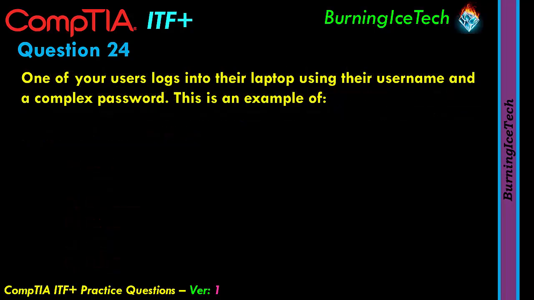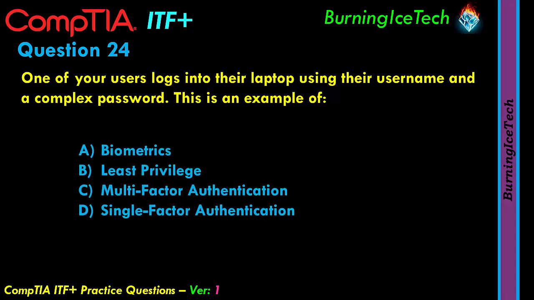Question 24. One of your users logs into their laptop using their username and a complex password. This is an example of what? Is it A, biometrics? No, I wouldn't say so. Biometrics is one way to prove you are the owner of a device or an account. But biometrics normally involves something you are as a human being.